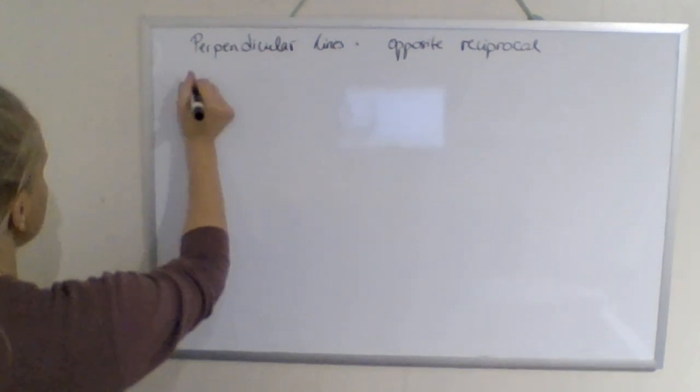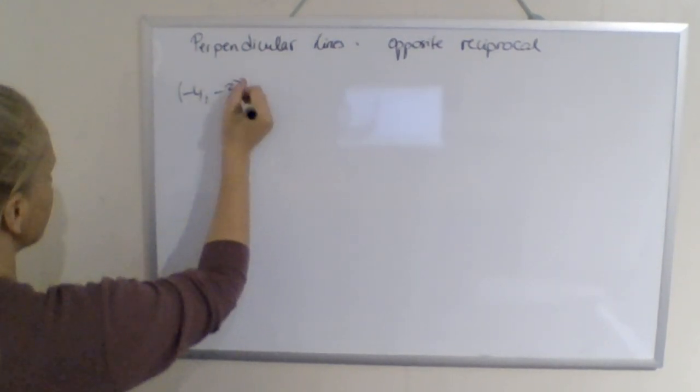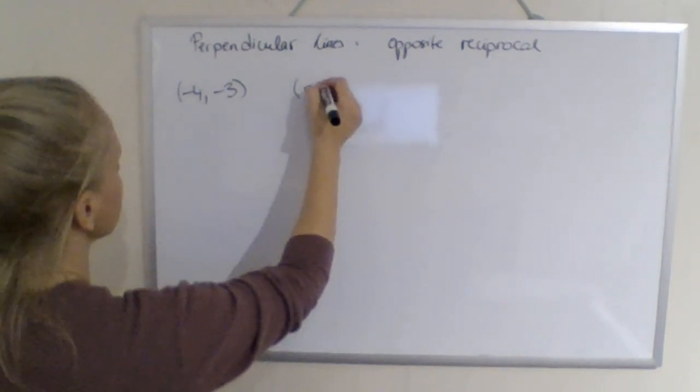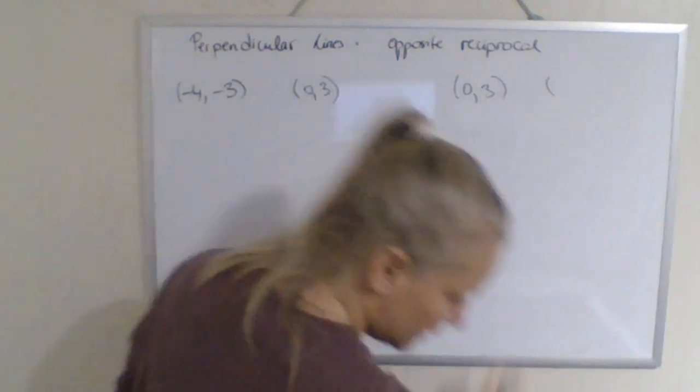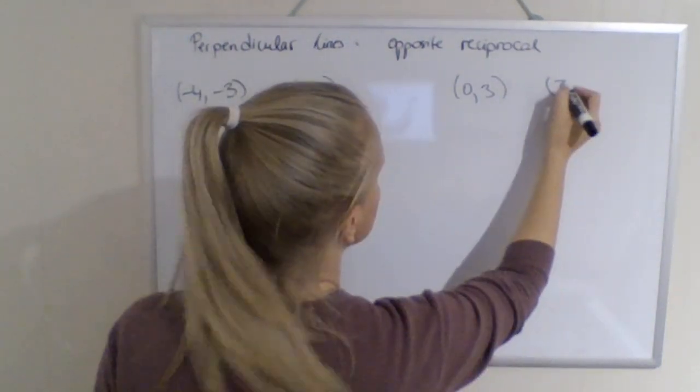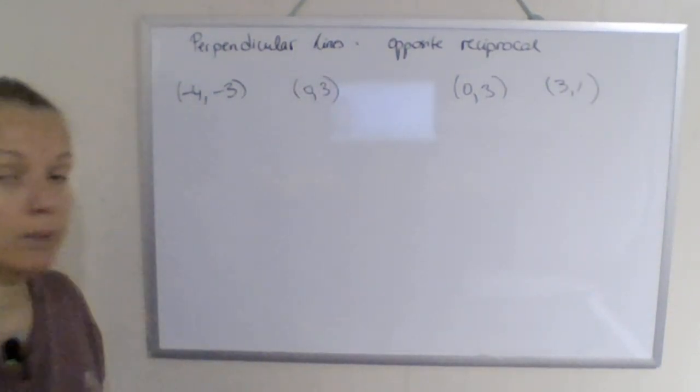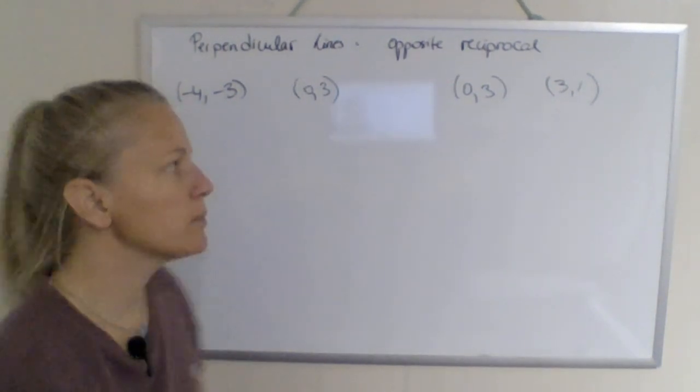We are on page 172, and example 1 says find each slope. We have two lines. The first one is negative 4, negative 3, and 0, 3. The second line is 0, 3, which is the red one, and 3, 1. And it says find the two slopes, and then decide if the two lines are perpendicular.